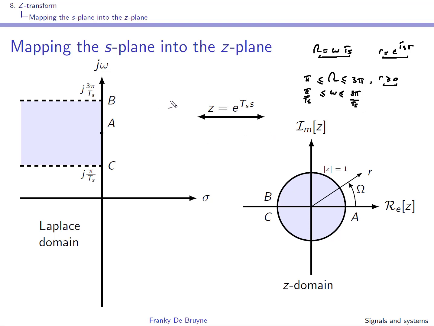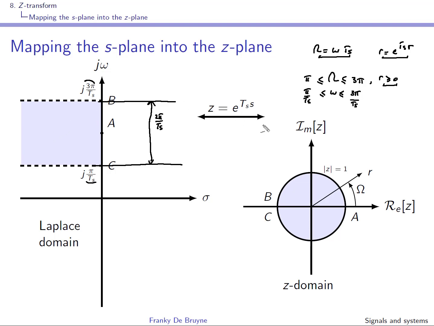Okay, so we consider strips where the analog frequencies are in between pi over Ts and 3 pi over Ts. This is a different strip than the one that we had considered in the previous slide, but it's also a strip of width 2 pi over Ts, and this whole strip, left part and right part, is mapped on the entire z-plane.